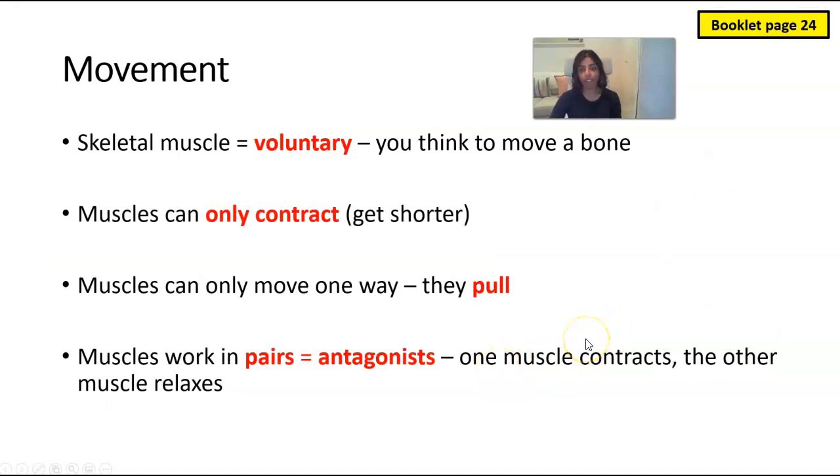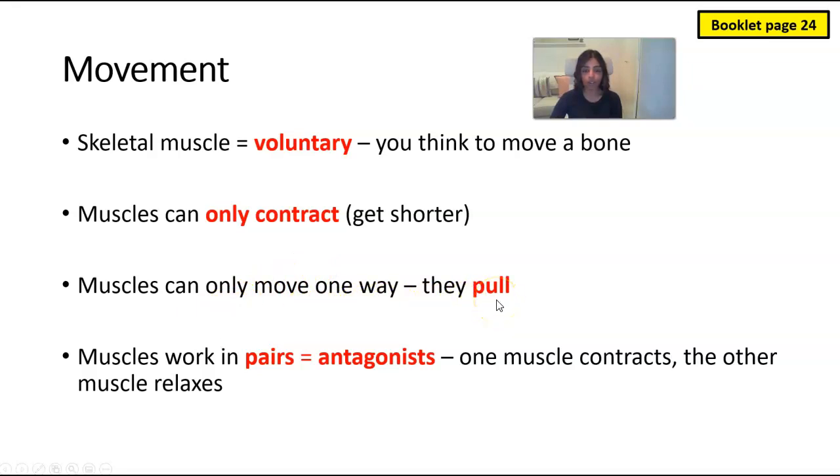So some key information that we need to know about skeletal muscles is that they are voluntary, so we have to think to get them to move. And muscles can only contract, which means that they can only get shorter. They can relax and then go back to their original shape, but their actual movement is only contraction. Muscles can only move one way, therefore, which means they can only pull.